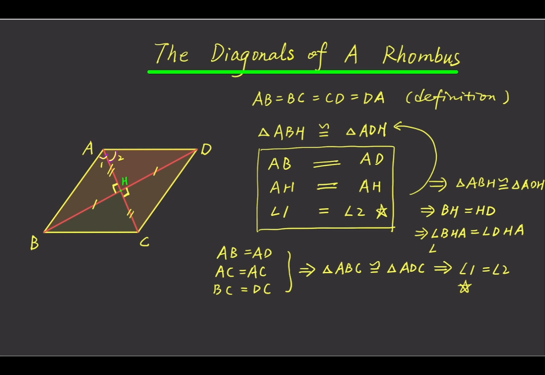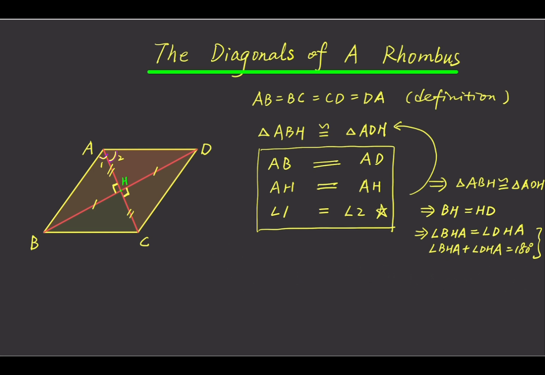Additionally, these 2 angles, their sum equal to 180 degrees. So we can get the following conclusion: angle BHA equal to angle DHA equal to 90 degrees. So we get AC perpendicular to BD.